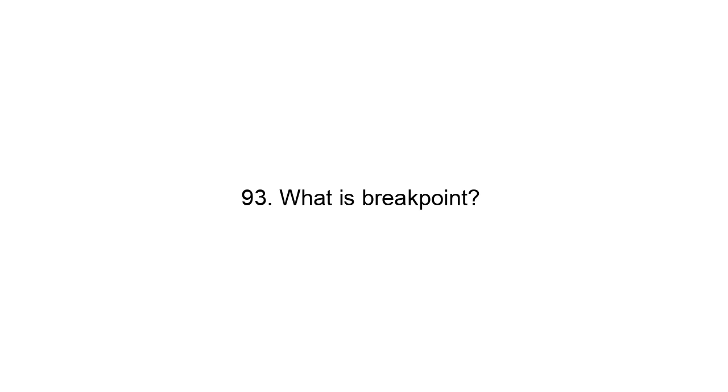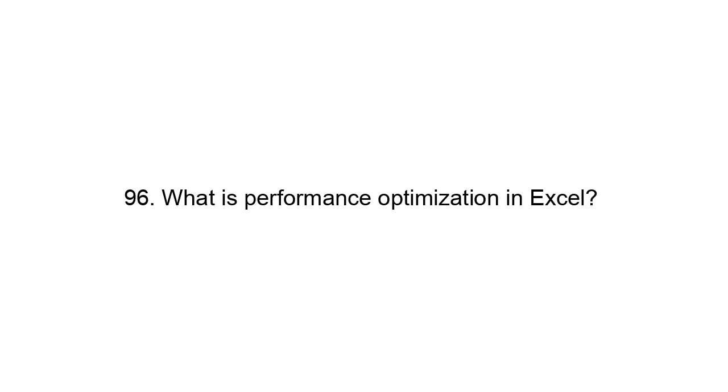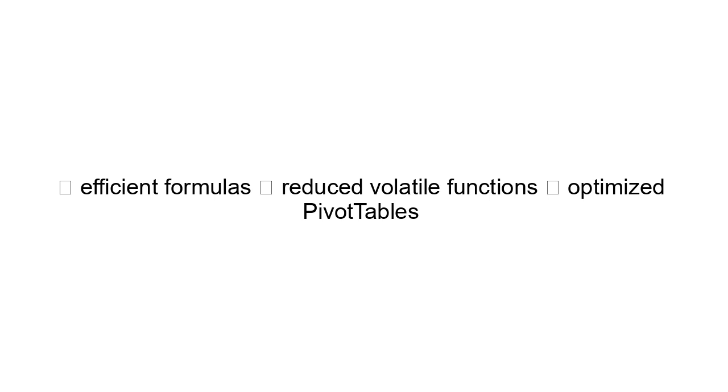What is a breakpoint? It stops code execution temporarily. 94. What is Option Explicit? It forces variable declaration. 95. What is automation in Excel? Reducing manual repetitive work. 96. What is performance optimization in Excel? Efficient formulas, reduced volatile functions, optimized pivot tables.